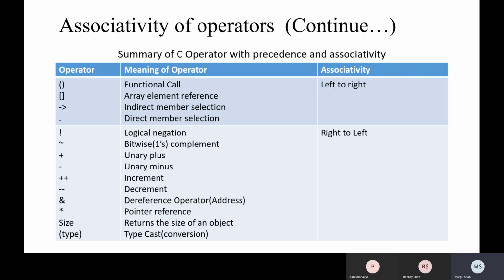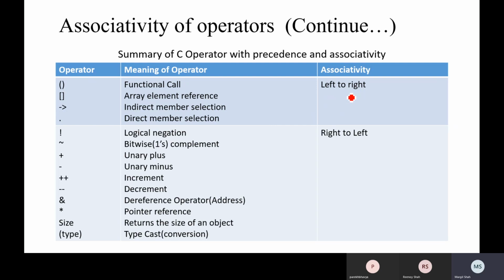Now this is a summary of the C operators with precedence and associativity both. So here small bracket, big bracket, arrow, that is indirect member selection, and direct member selection. The associativity of these is left to right. If these four are grouped together in the same expression, then associativity is left to right.